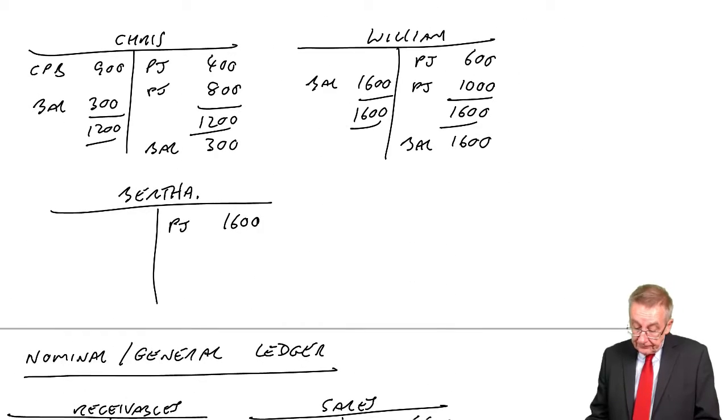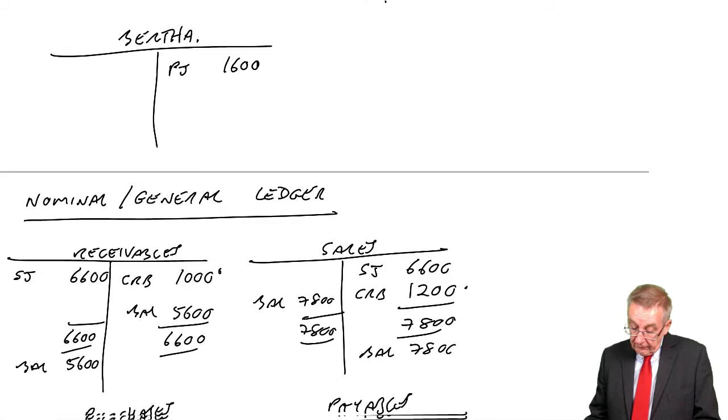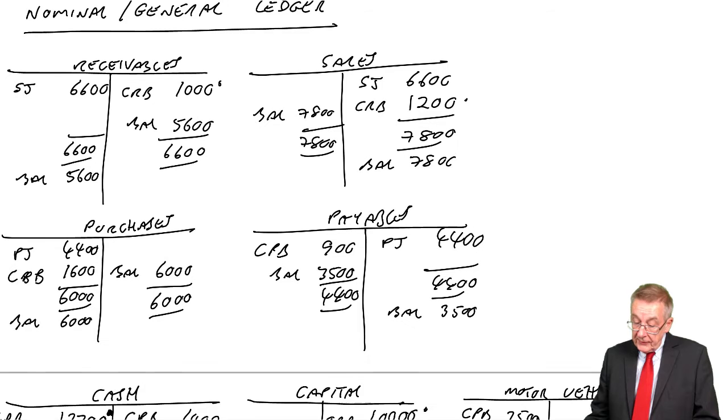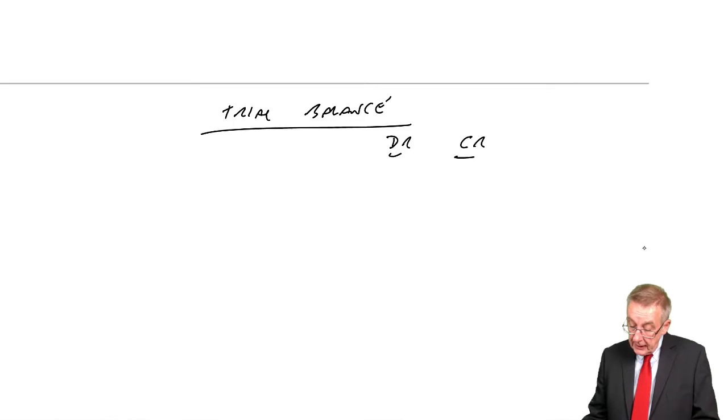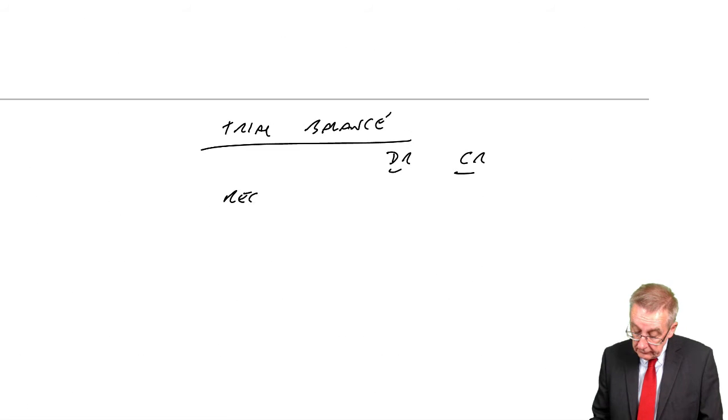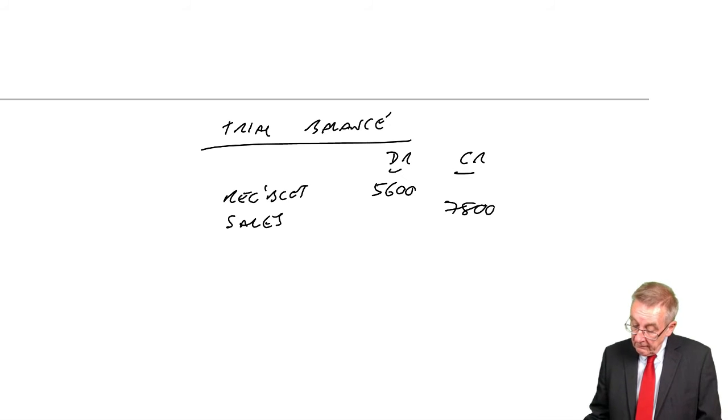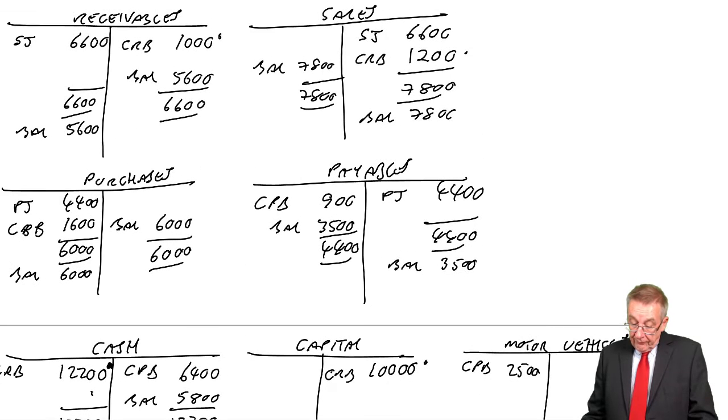But let's do it. Receivables 5,600, sales 7,800. Purchases 6,000, payables 3,500.